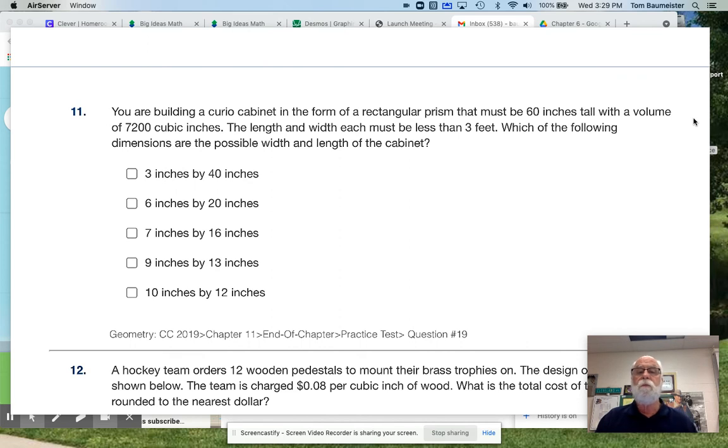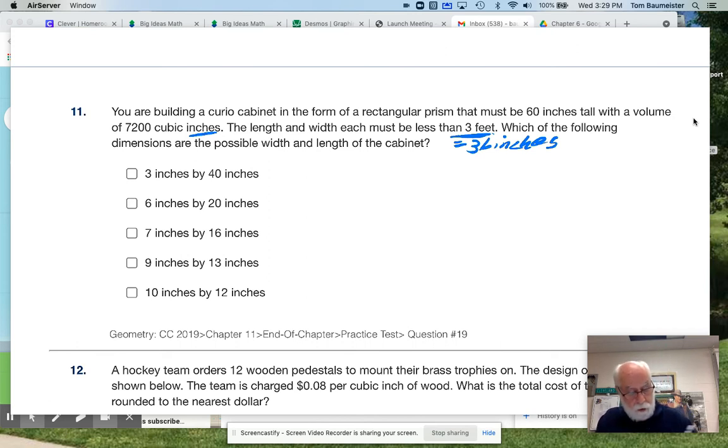The length and the width must be less than 3 feet. Everything else is in inches here, so we know that 3 feet is equal to 36 inches. Which of the following dimensions are the possible width and length of the cabinet?